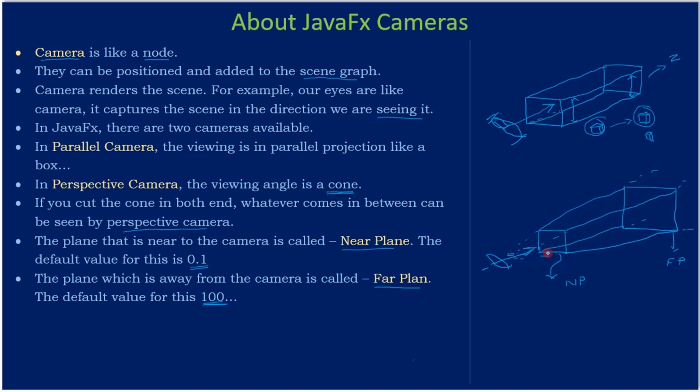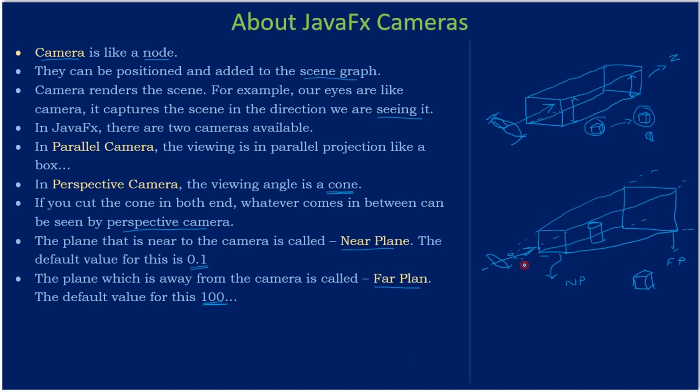So whatever comes in between this cone will be seen by the camera. Suppose if some box is here, it cannot be seen. Why? Because it's not falling in the cone.